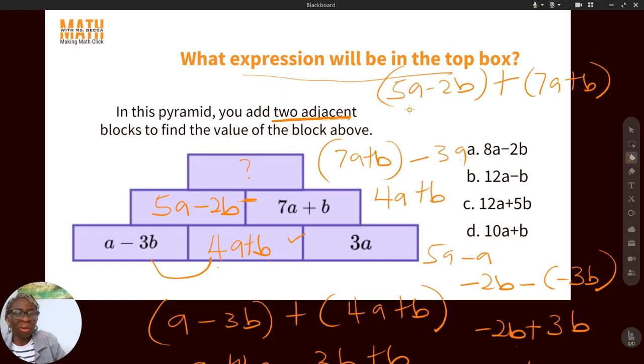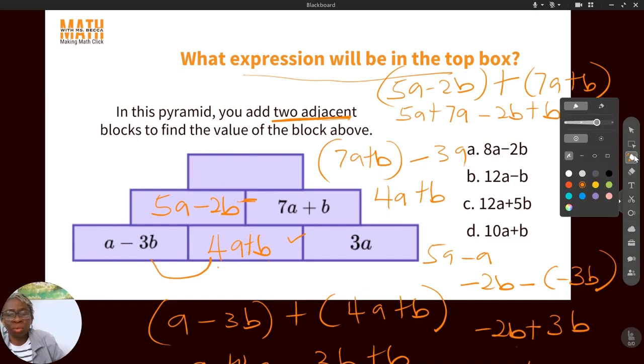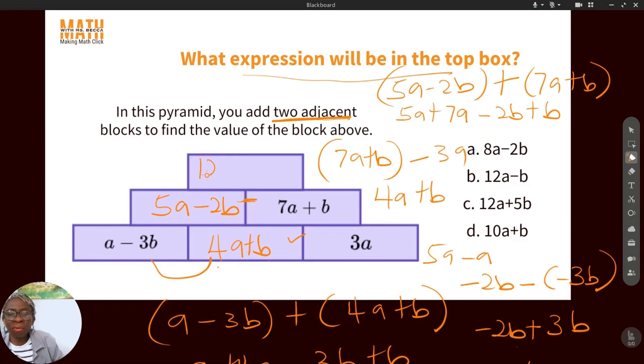We have 5a plus 7a, then minus 2b plus b. 5a plus 7a gives 12a. Then we have negative 2b plus b, that becomes negative b. So the answer is B, 12a minus b.